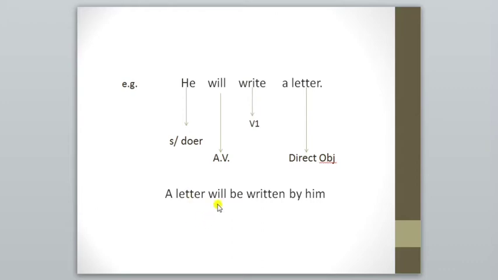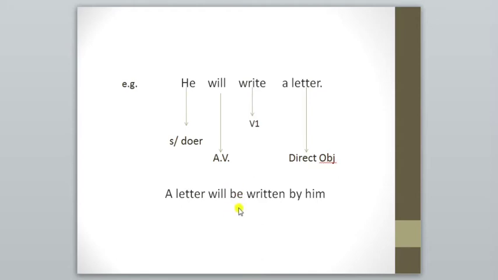So after a letter, what is used? Will is used. This is the auxiliary verb. A letter will. A new word is added here in simple future tense. And this word is added only in simple future tense and with the modal verbs. So a letter will be.